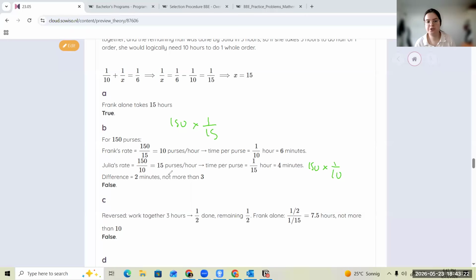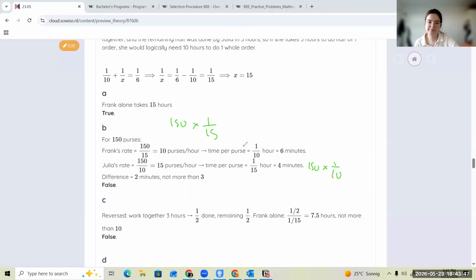So she does 15 purses per hour, he does 10 purses per hour, time per purse is 1/10 or 1/15, so 6 and 4 minutes. So the difference is 2 minutes and not more than 3 minutes, therefore it is false.